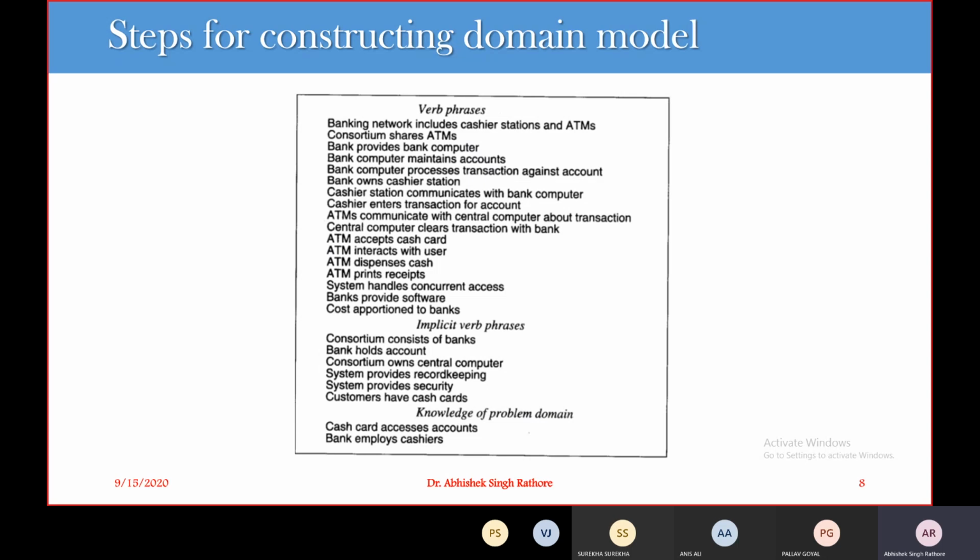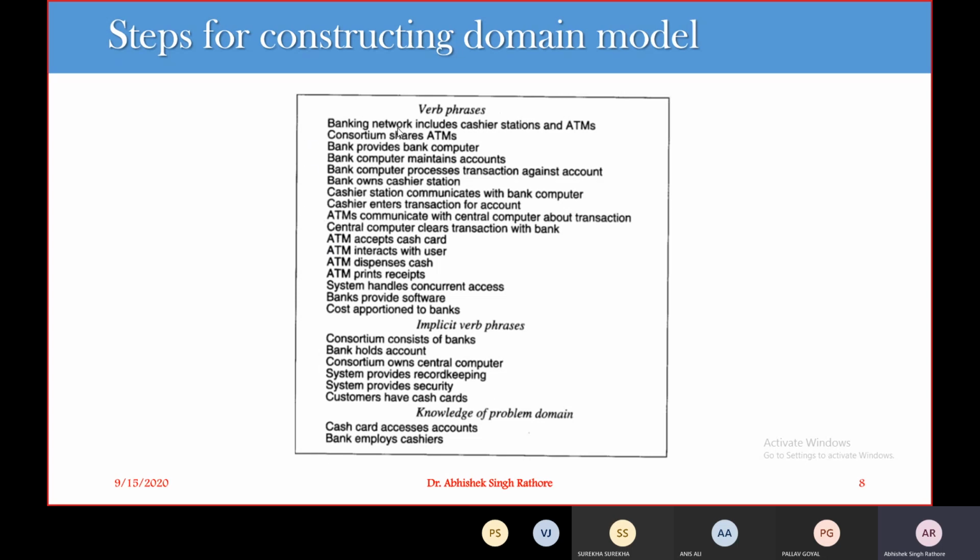When finding associations, we can use these verb phrases, some implicit verb phrases, or the knowledge right from our problem domain. When we are finding associations, we have some structural relationship between two or more classes. When there is a reference from one class to another class, we can say that we have an association.